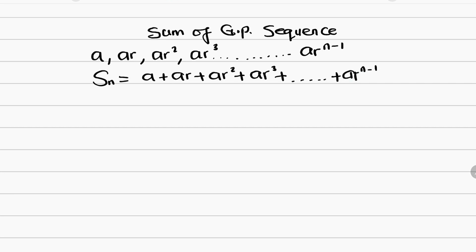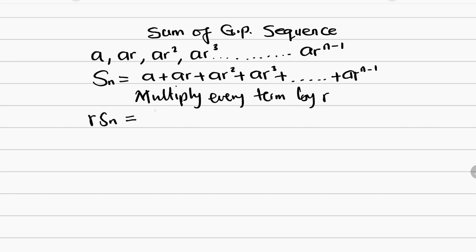Now let us multiply every term by r. From the left hand side we have r multiplied by Sn. This is equal to a multiplied by r is ar plus ar squared plus ar to the third power plus ar to the fourth power plus, in that order.